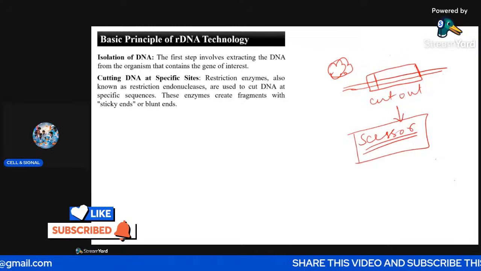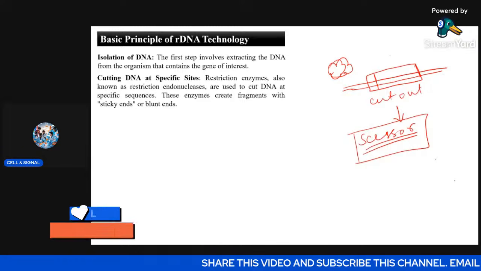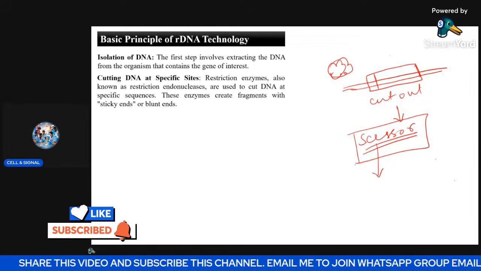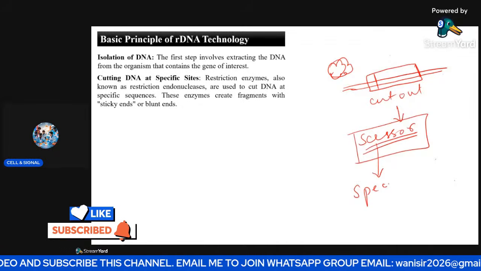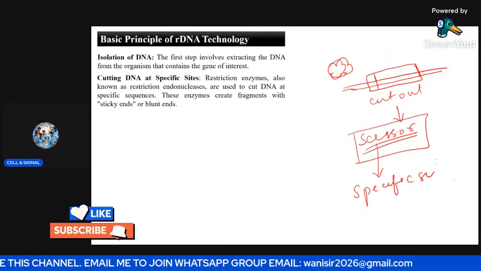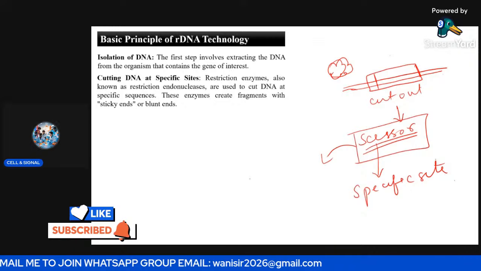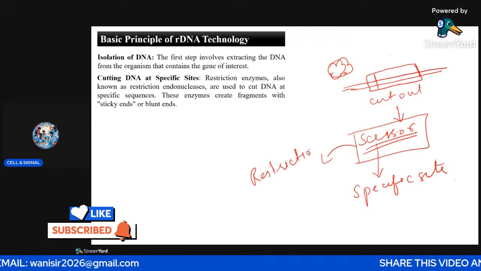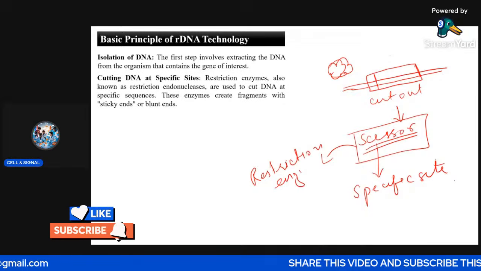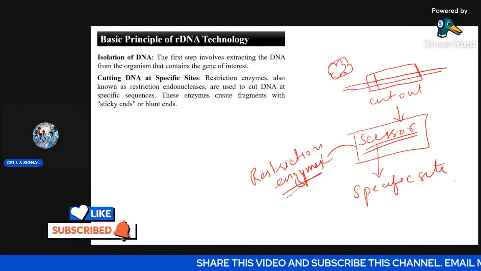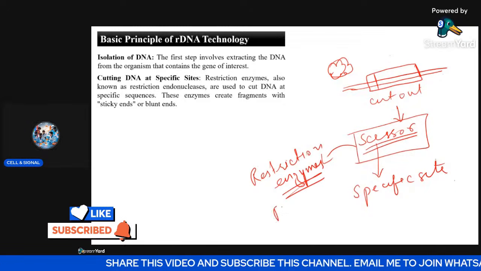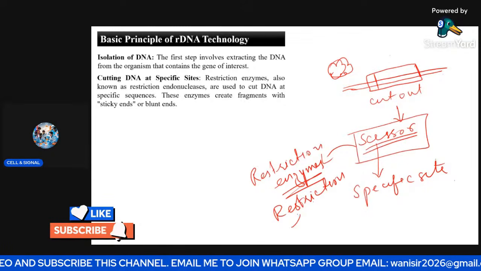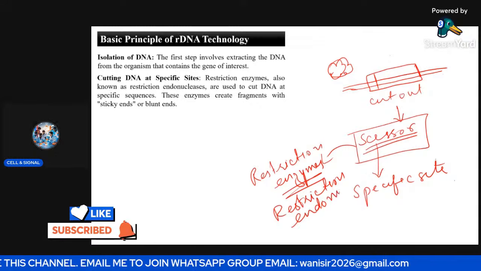So we need scissors, and where these scissors will cut, it will cut on a specific site. So what are the scissors? Scissors are restriction enzymes, and they are called restriction endonucleases.